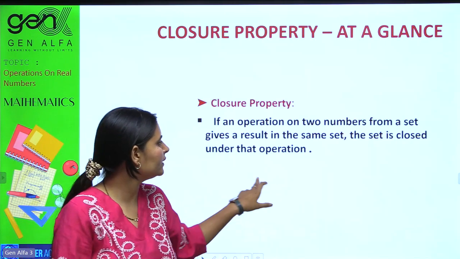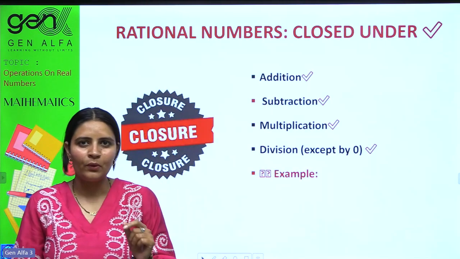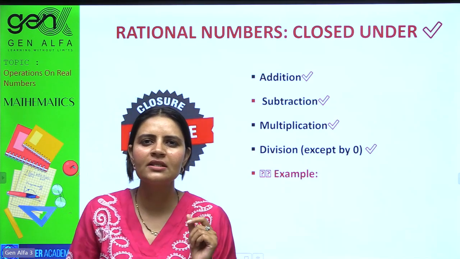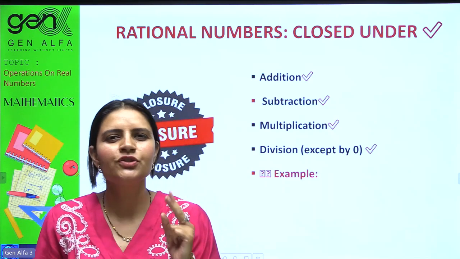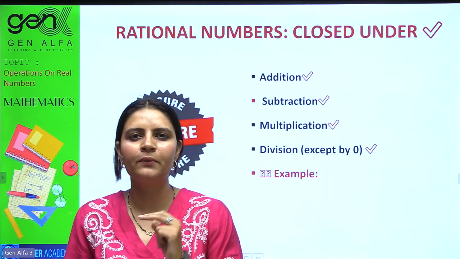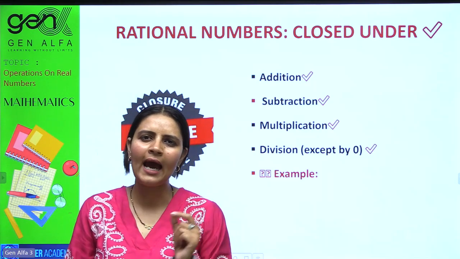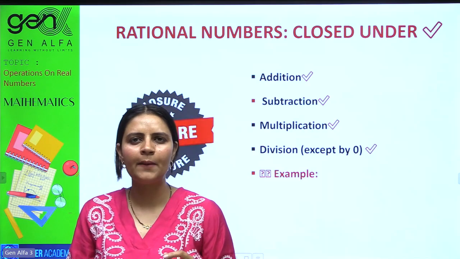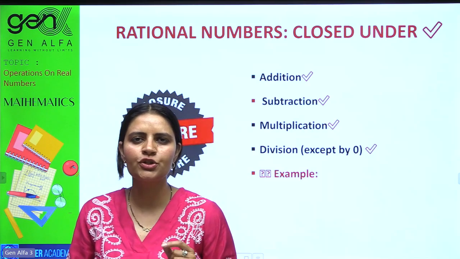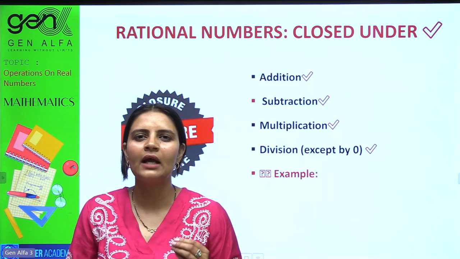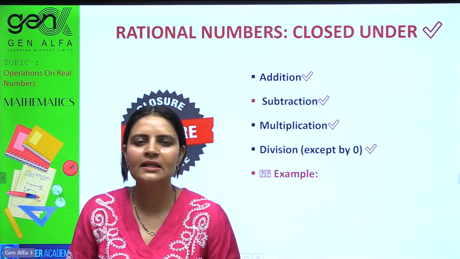Let me tell you with an example. So let's talk about rational numbers. I just insist you, my students, write any two rational numbers and just add them. Whichever numbers you feel comfortable with, it should be rational. That is the only condition. Just tell me after adding them, what result you are getting.